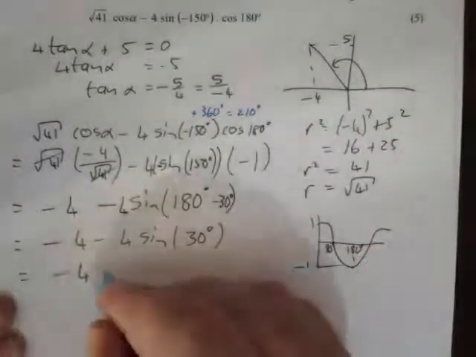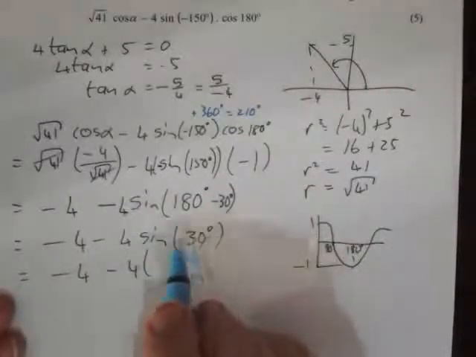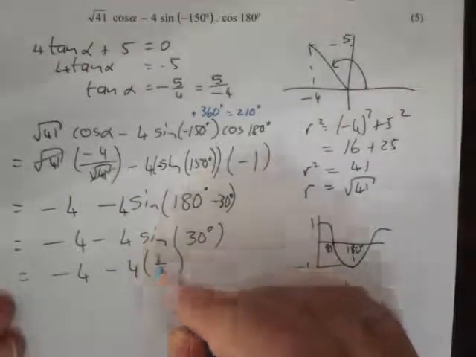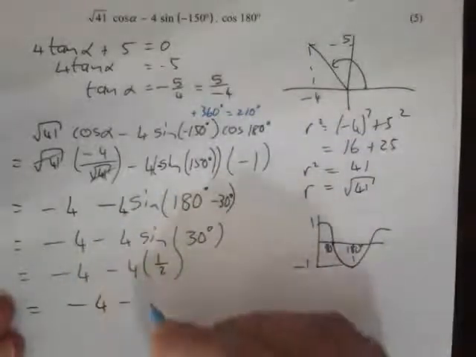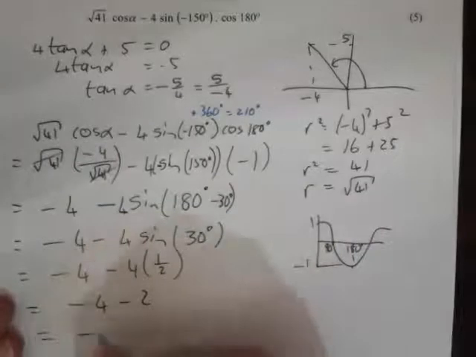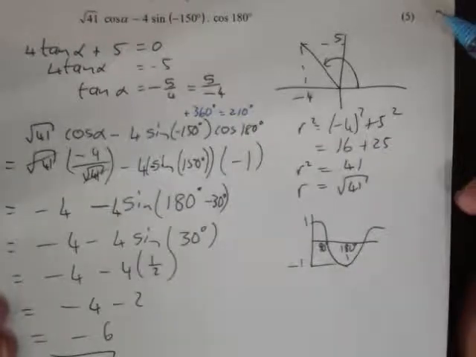And minus 4 times, now, if you know your special triangle, sin of 30 is equal to a half, which is minus 4 minus half of 4, which is 2, and that gives us minus 6. Okay, so this is worth 5 marks.